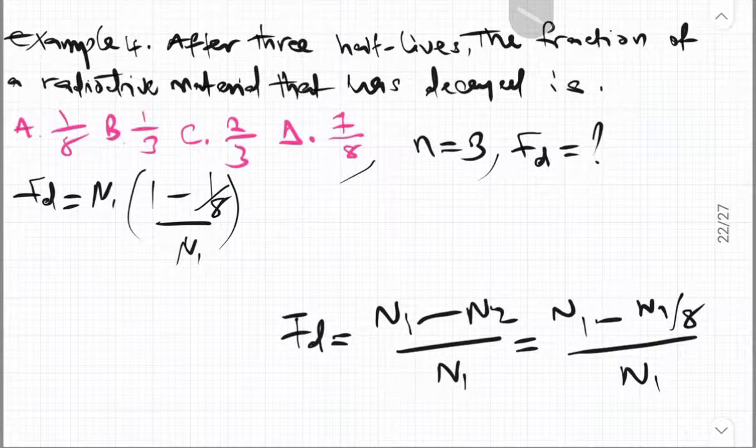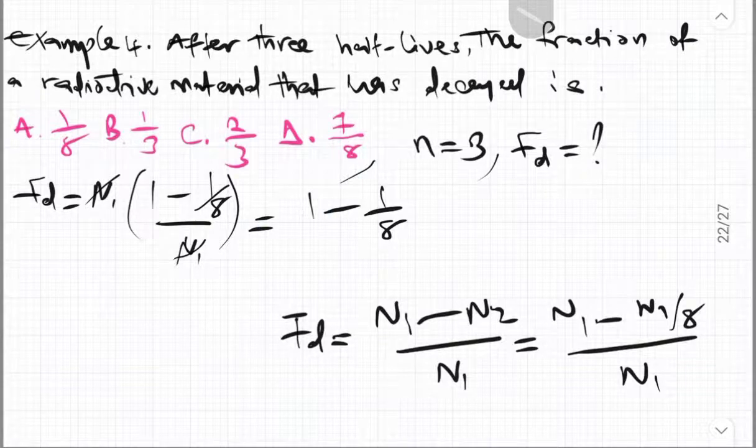So all we did here is, since we have N1 here and N1 here, we factor it out. We still have our N1 at the denominator, so it cancels out. So we just have 1 minus 1 over 8. Right? Which is still the same thing as 1 minus 1 over 8.